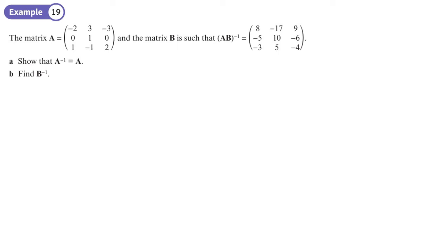Right, okay, the matrix A is that, and the matrix B is such that (A B inverse) all inversed is that. Show that A inverse equals A. Right, so the way we're going to do this, if we think about this logically, we want to show that A inverse equals A. Now, what would happen if we multiplied both sides of that by A, putting A at the front?